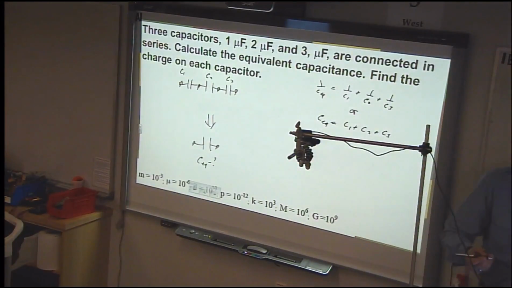So please use it. 1 over C equivalent should be equal to 1 over 1 plus 1 over 2 plus 1 over 3. I use microfarads. In that case, my answer automatically will be in microfarads.